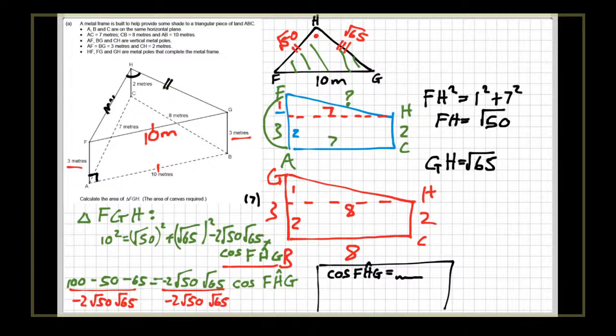Okay, so if I calculate quickly that other side, I've got 100 minus 65 minus 50, all over negative 2 times root 65 times root 50. That is 0,1315. There we go. If I then calculate angle FHG, it is 82,4 degrees.